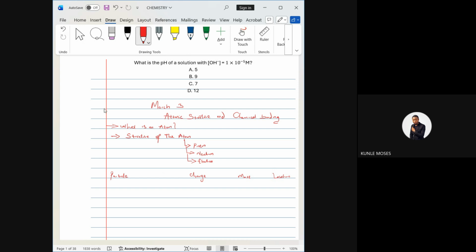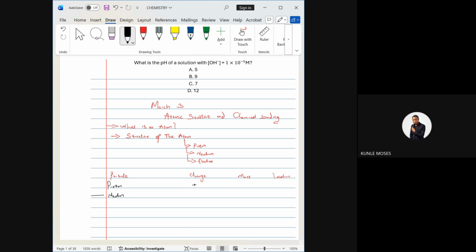So let's start with proton. Proton is a positive charge, right? Neutron, from the word neutron, it has the word neutral.